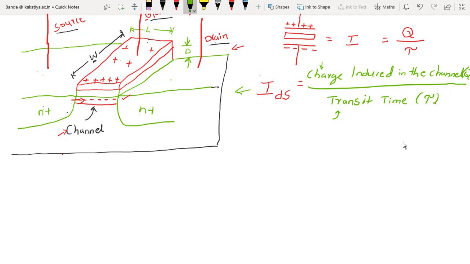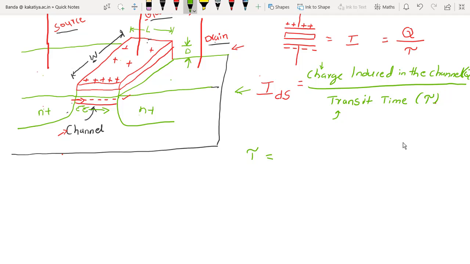Now first of all we have to find out the expression for the transit time. What is transit time? Electrons are traveling from the source side to the drain side.